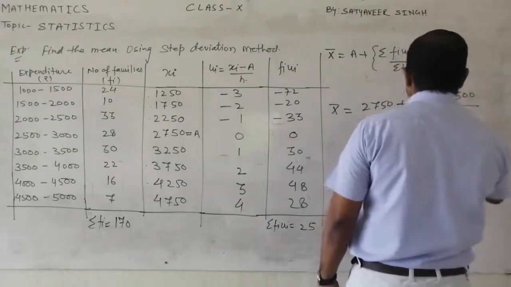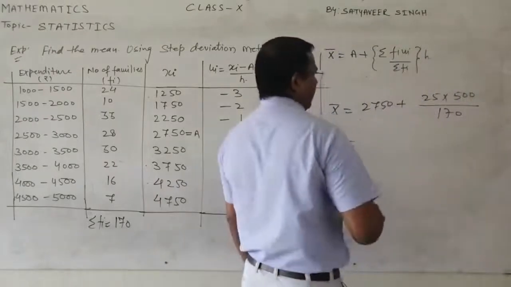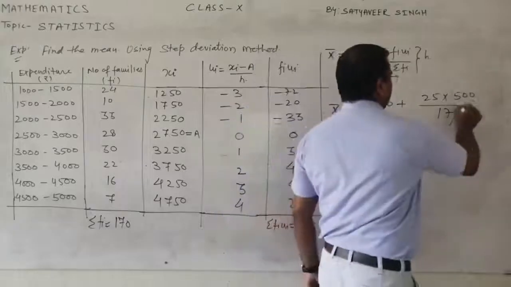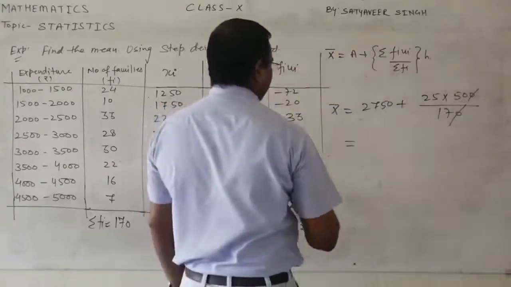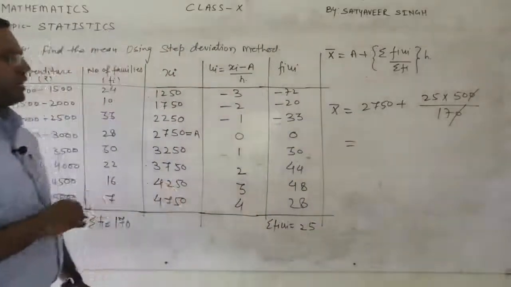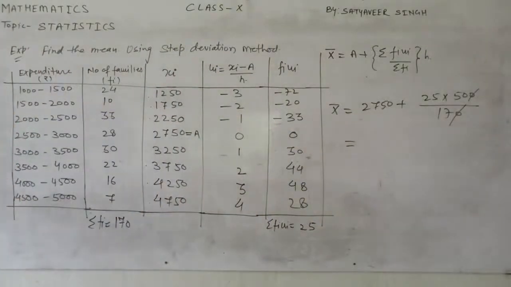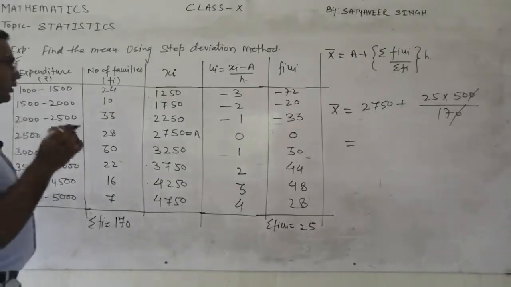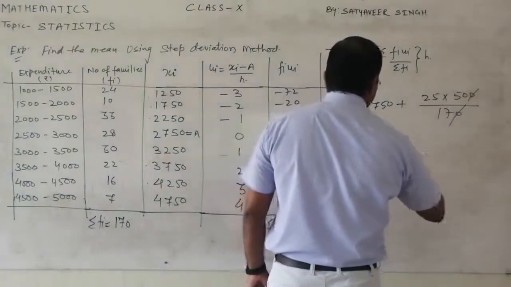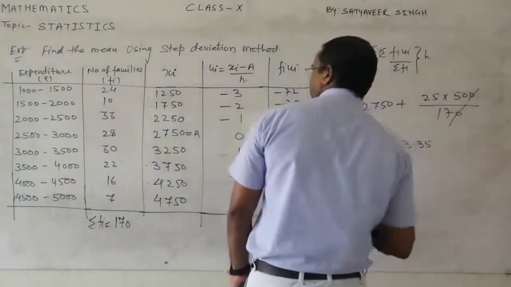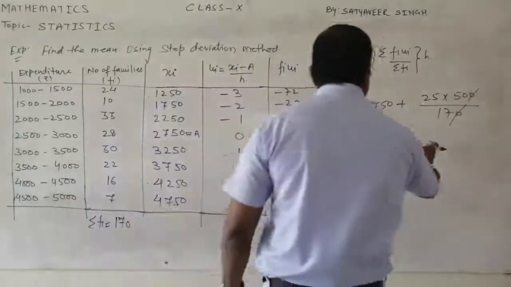upon 170. So you will simplify this further, you can eliminate this, and take the LCM. After simplifying this, you will be getting 2823.53.